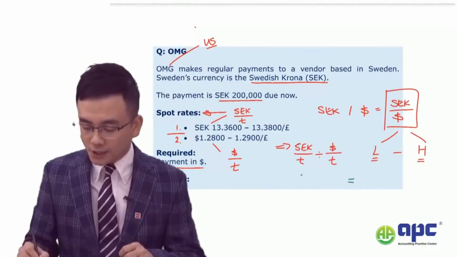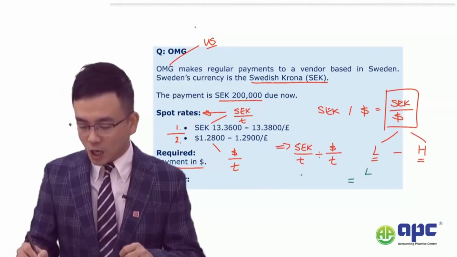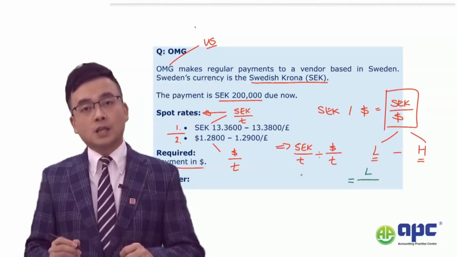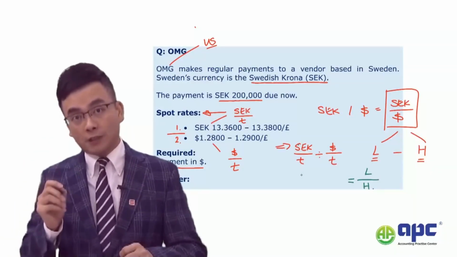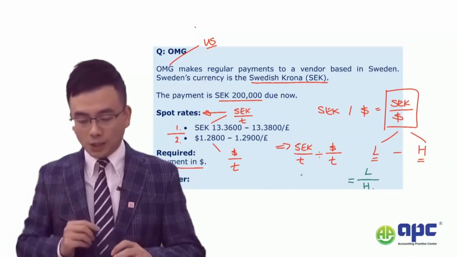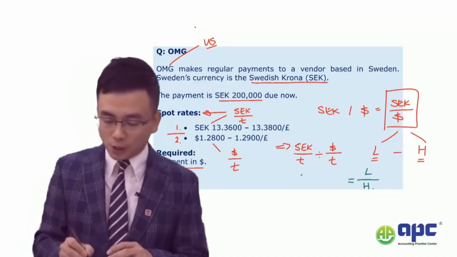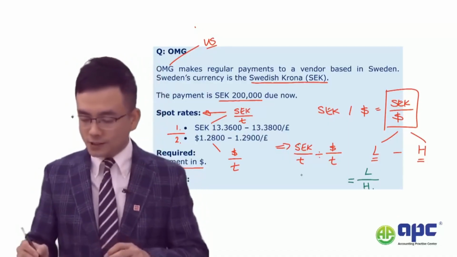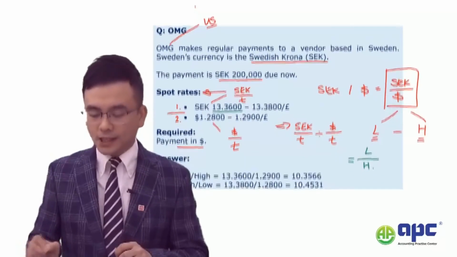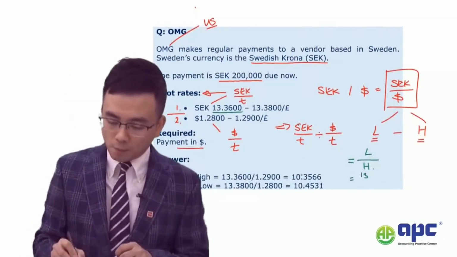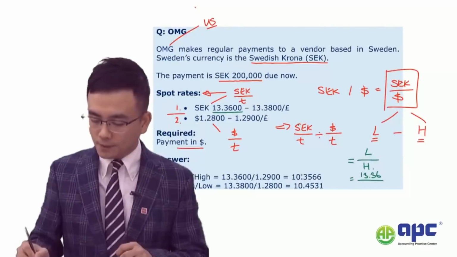If you divide into something that is very high in value, that will give you the lower figure. So, as you can see, the first line, which is lower, is 13.36. The second line, which is higher, is 1.29.